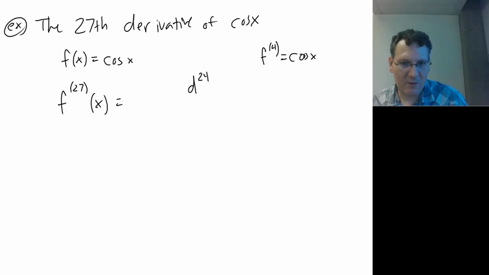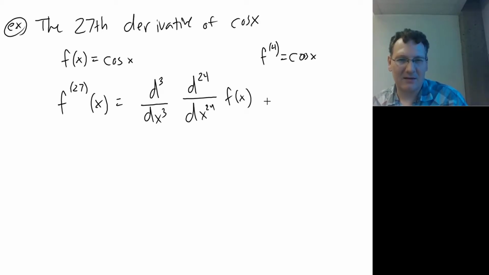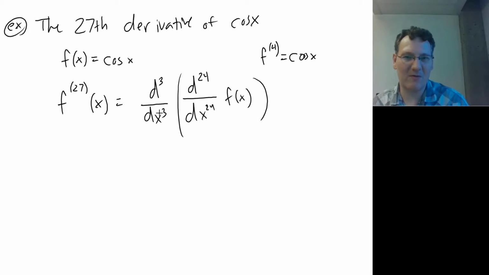If you take the 24th derivative and then you take the third derivative of that, you're going to get the 27th derivative. This is a good way of thinking about it. Like you just add the derivatives, right? But the key thing here is the 24th derivative of cosine of x is cosine of x, because 24 is divisible by 4.